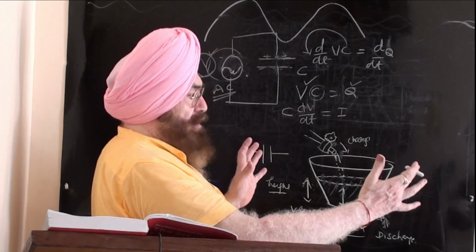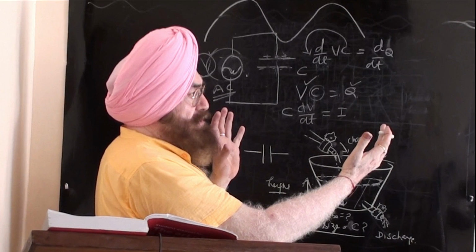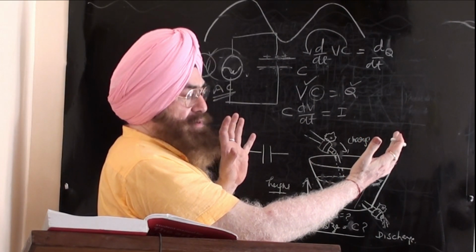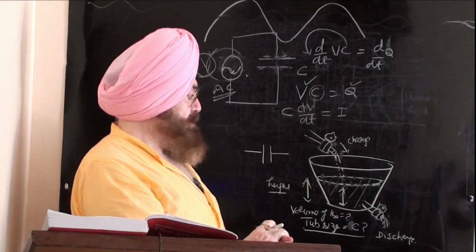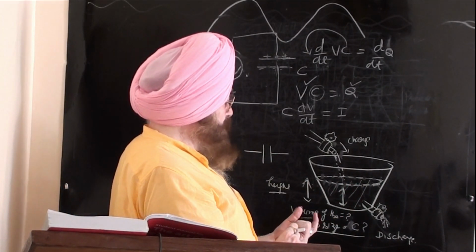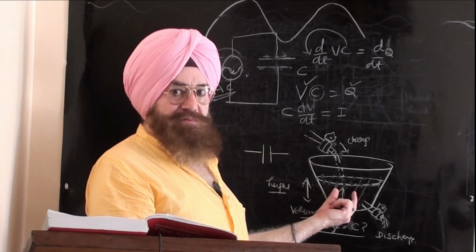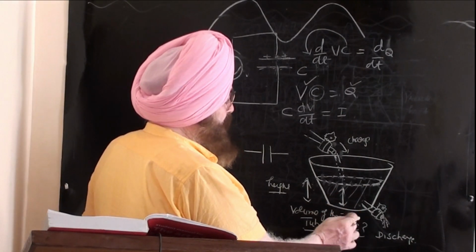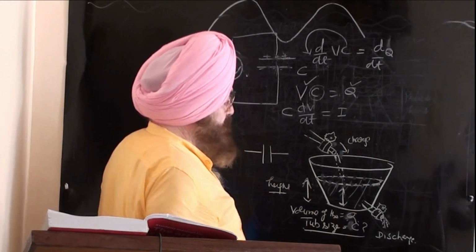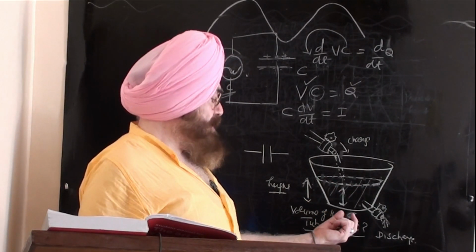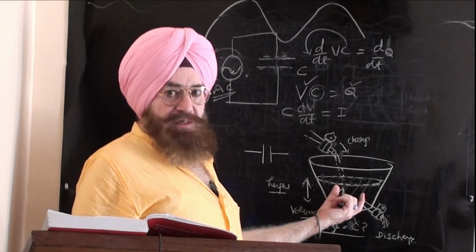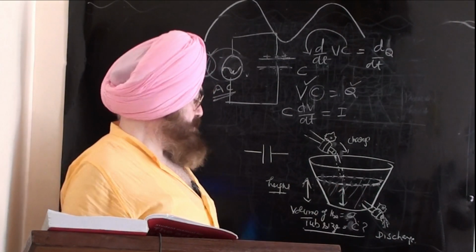If you have a good size of tub, does it mean more capacitance? And what about the volume of water? Do you think it is the charge? More water contained in the tub, more charge stored in the tub.